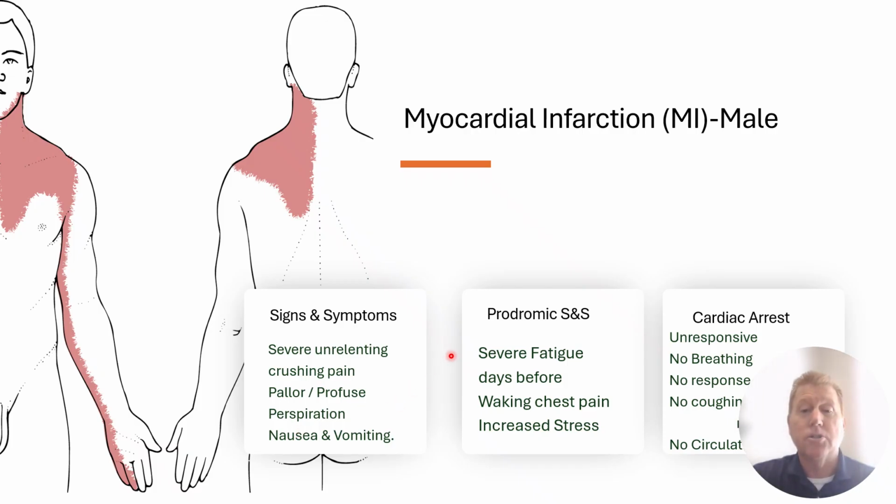The things that show up beforehand, these prodromal signs and symptoms, is that they're very tired, sometimes in the days or week before, and they notice that they have chest pain with just normal activities such as walking or just climbing a set of stairs at home. And then once they actually progress from the heart attack to actual cardiac arrest, they're unresponsive and they have all of the cardinal signs, no breathing, no response, and so forth, of the cardiac arrest.